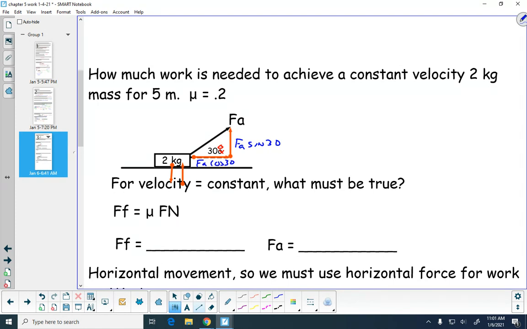And this is F applied cosine of 30 degrees. Once again, if we are going at a constant velocity, this force net must equal 0, which tells us our force applied is equal but opposite to our force of friction.